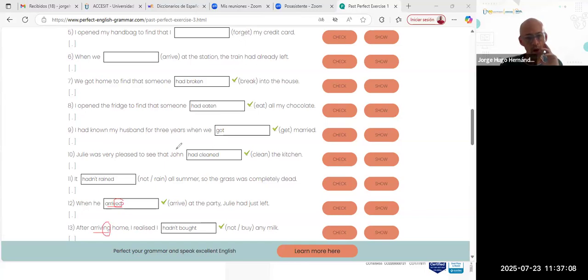After arriving home, I realized, this word can be written with S or with Z, okay? You can find that word with S or with Z, and both of them are correct. And realize I hadn't bought any milk. And here the same negative form, had plus not, but with a contraction, hadn't. Okay, good. Next, Steven.